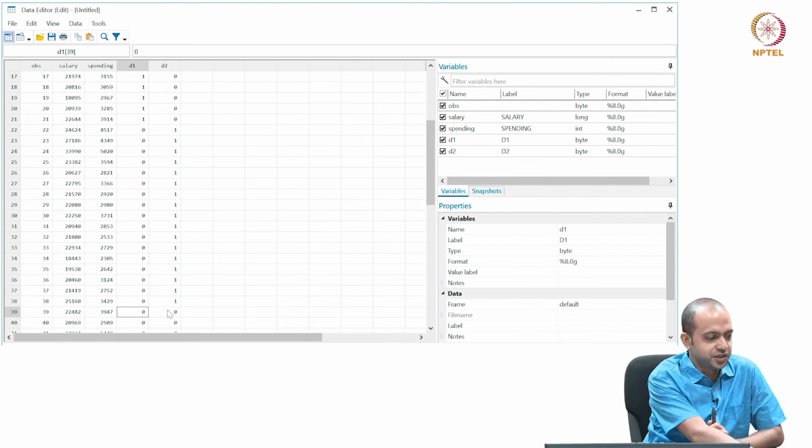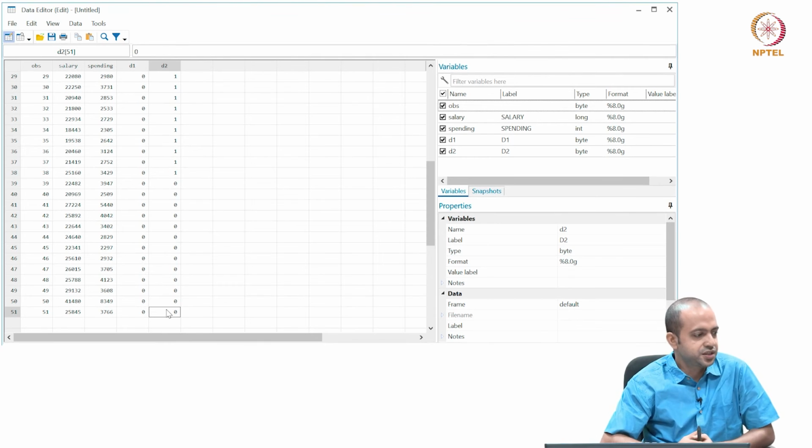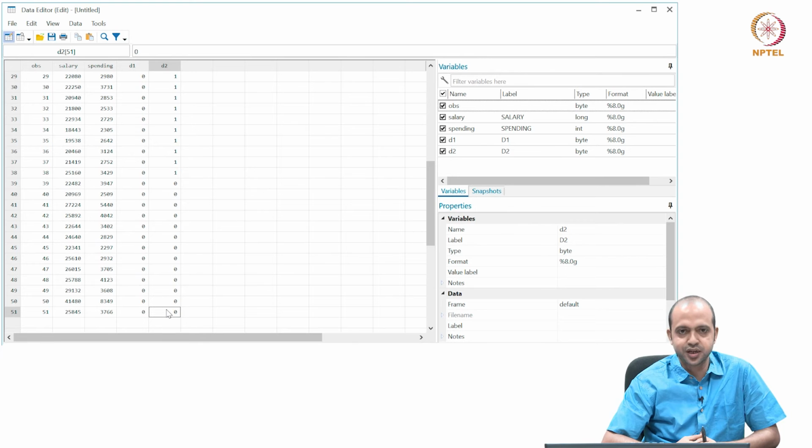So, that means this is our base category. As I said, when both D1i and D2i take the value 0, that particular state belongs to the western region. So, 39 up to 51, all these states belong to the western region, that is our base category here.